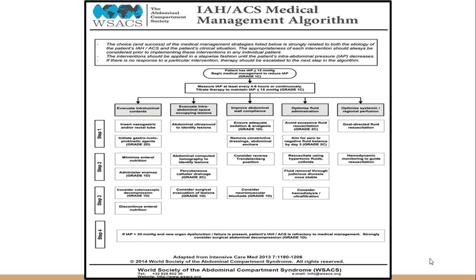So step 1 is insert nasogastric or rectal tubes, initiate gastro- or coloprokinetic agents, abdominal ultrasound to identify any lesions, ensure adequate sedation and analgesia, remove any constrictive dressings, avoid excessive fluid resuscitation, aim for zero to negative fluid balance by day 3, and goal directed fluid resuscitation therapy.